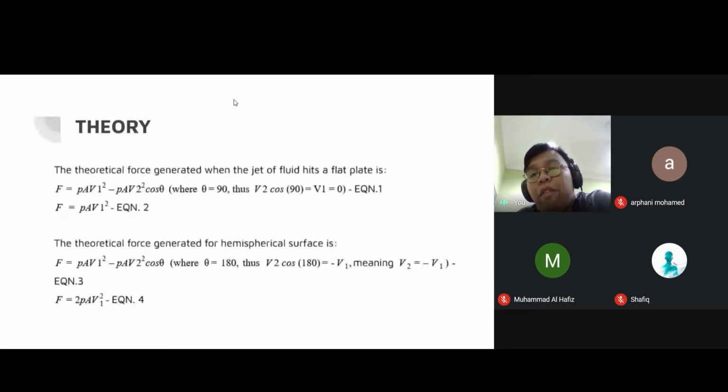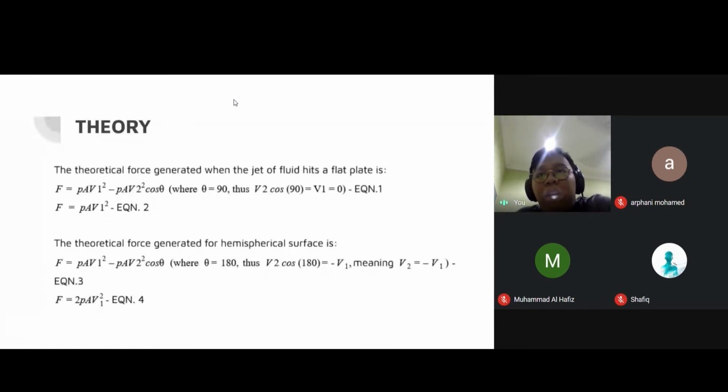As we can see from the previous slide, it's at 90 degrees, and that's equation 1. So that means V2 cos 90 equals 0. We can summarize this into F equals rho A V1 squared, which is equation number 2.